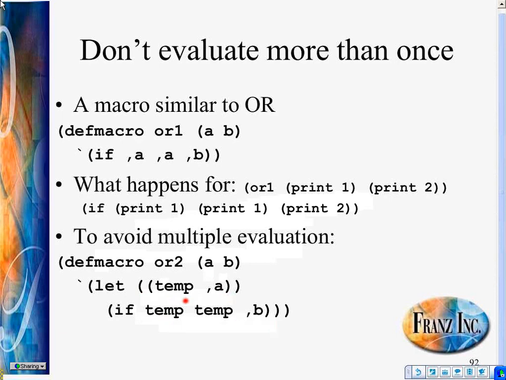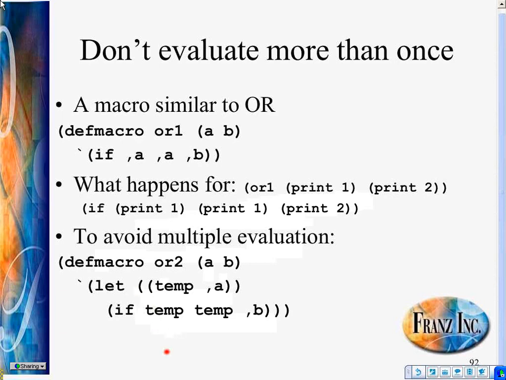Now, we've only evaluated A once. This is now temp, which has the value of A, and we can evaluate temp as many times as we want because simply taking the value of a symbol of a variable has no side effects. You can look at it as many times as you want.